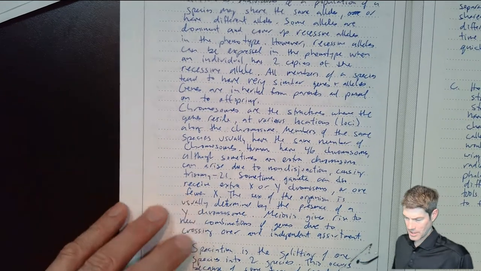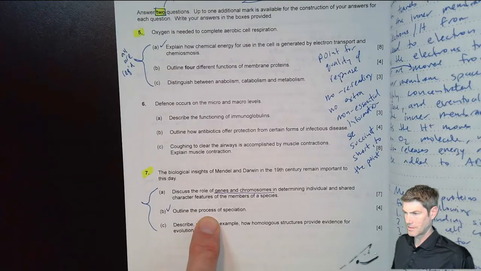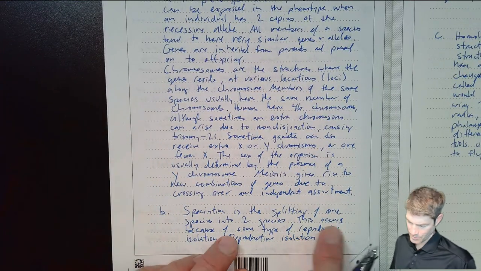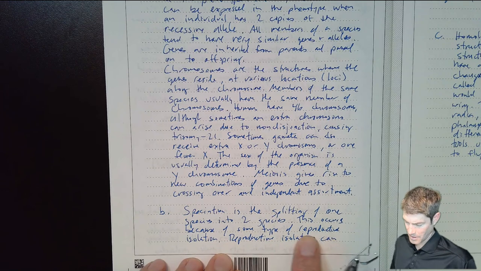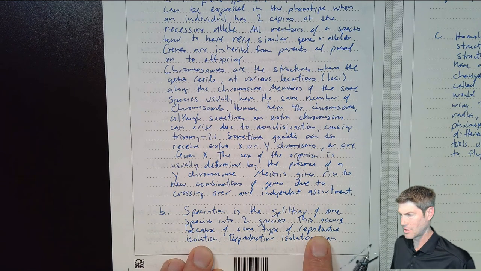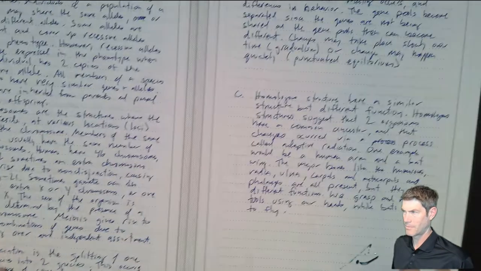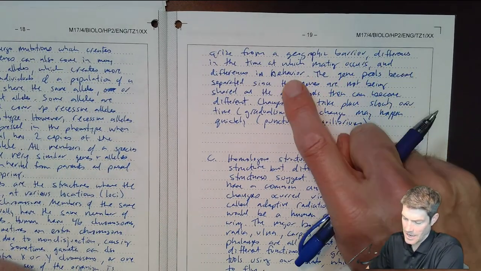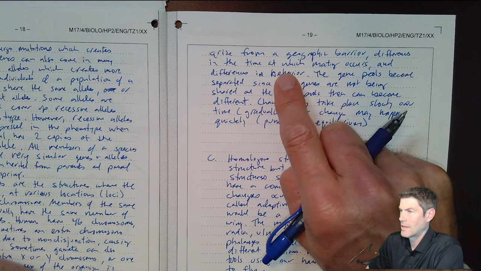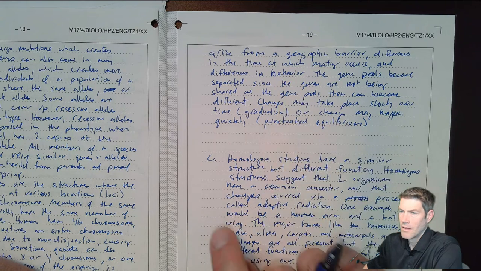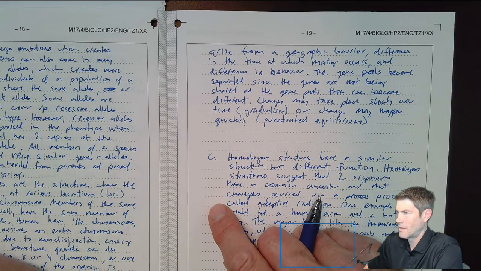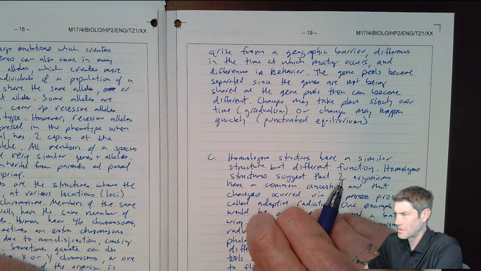So the next question is outline the process of speciation. So speciation, the splitting of one species into two, occurs because of some kind of reproductive isolation. And then reproductive isolation can arise from things like geographic barriers, differences in the time that mating occurs, that's temporal, and differences in the behavior, the mating traditions, the mating habits of the organisms under examination.